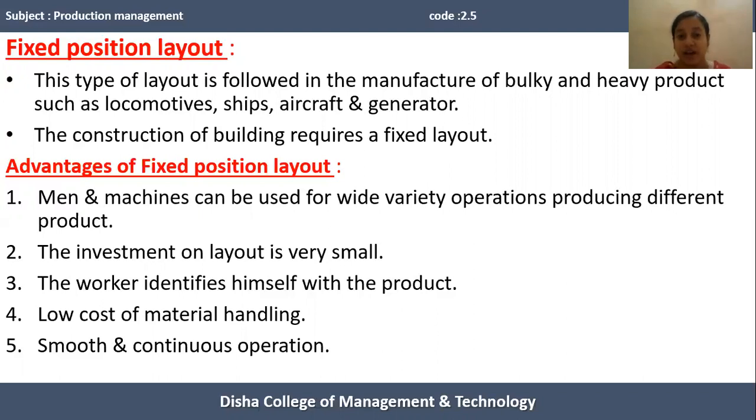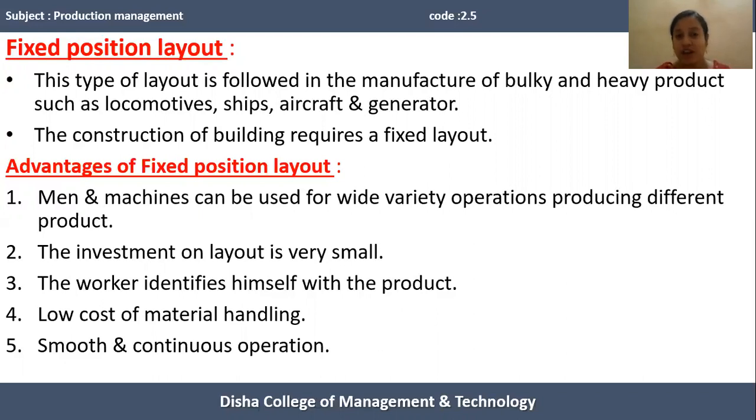Fixed position layout has a number of advantages. It requires low material handling cost, and if the plant adopts this type of layout, then smooth and continuous operation is possible. The investment of this type of layout is also very small.